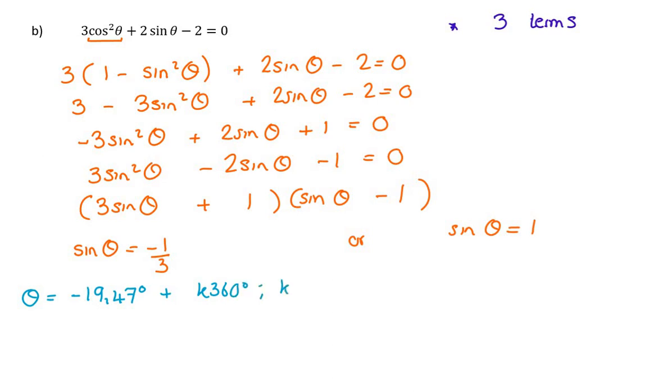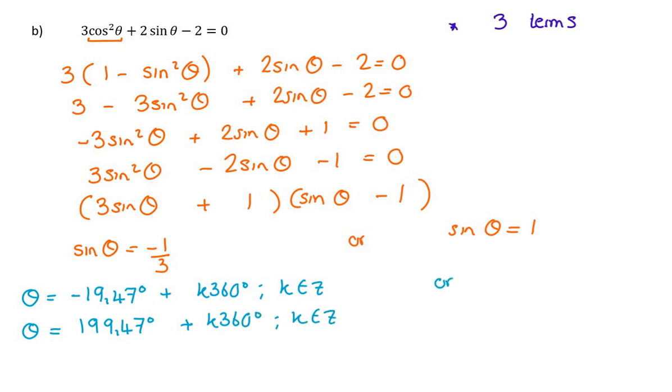And then don't forget that the second answer is 180 minus that. If you do 180 minus that, I probably wouldn't show that working. I would just go straight to 199,47. So don't forget, it's 180 minus that answer. So it's not too much effort.